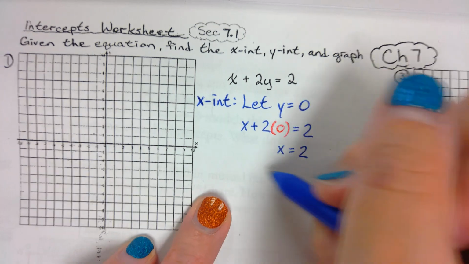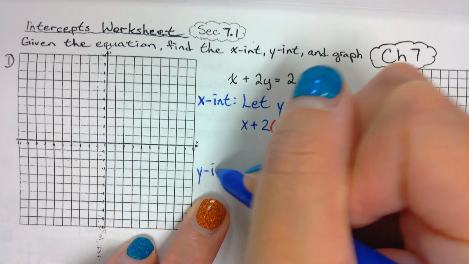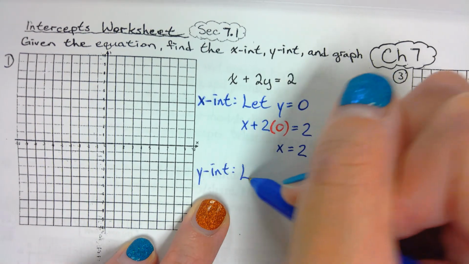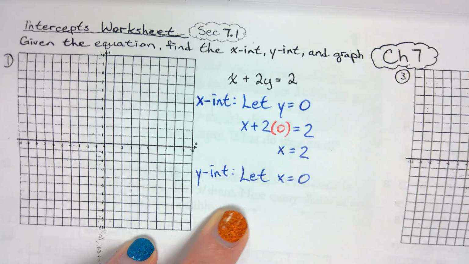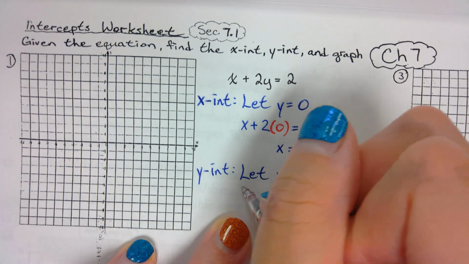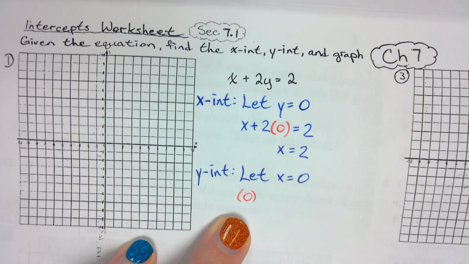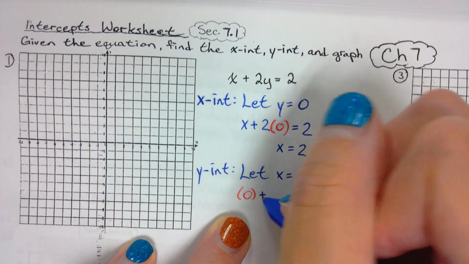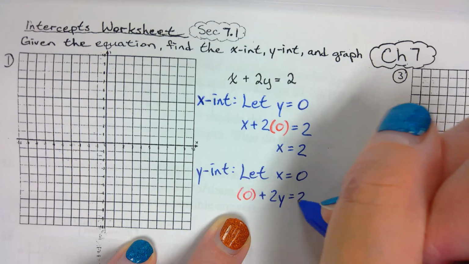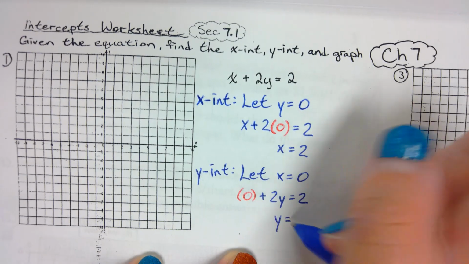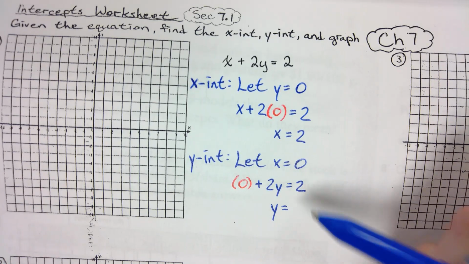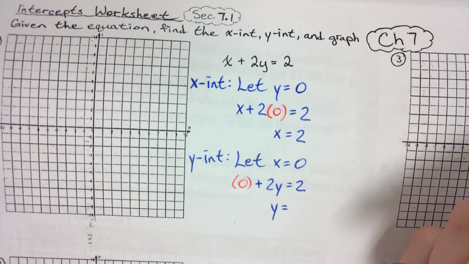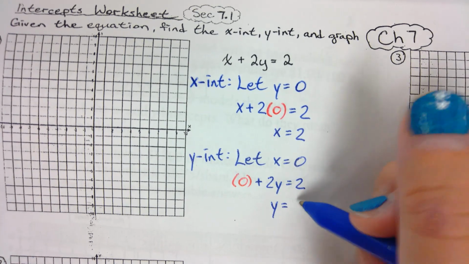Now, to find the y-intercept, that means we're going to let x equal 0. So in the equation, I'm going to replace the x with a 0 plus 2y equals 2. Then to solve 2y equals 2, you divide it. So 2 divided by 2 is 1.